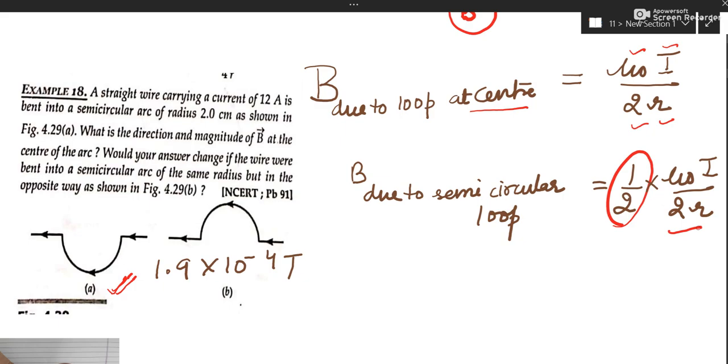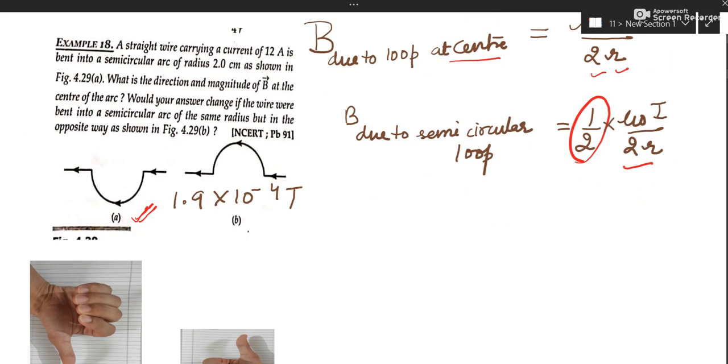So you can just substitute the values. Mu naught by 4 pi is equal to 10 to the power minus 7. So mu naught's value is 4 pi into 10 to the power minus 7. You can substitute here. You can see current is given as 12 ampere, substitute, and radius is given as 2 centimeters. So write 2 by 100 here.